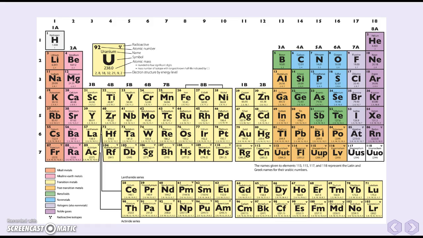If I have a free-floating electron out there, or an electron from another atom that's just recently come loose, then I can attract that electron. Why? Because my electrostatic attraction is greater between the nucleus and my electrons within a given energy level. Whereas over on the left side, I have fewer protons, and as a result, my electrostatic attraction is weaker, and therefore it's less likely that I'm going to attract an electron.